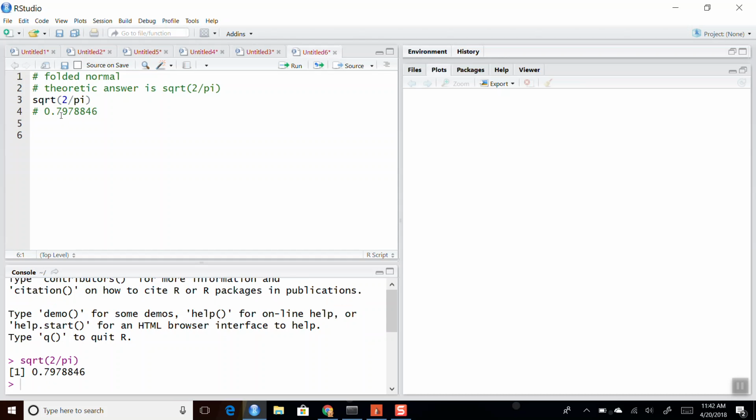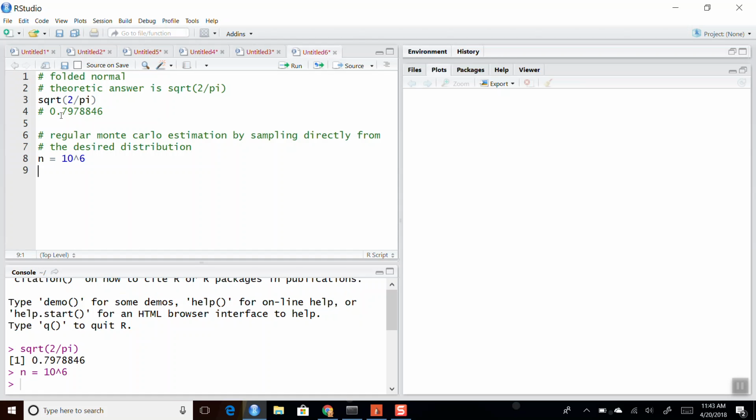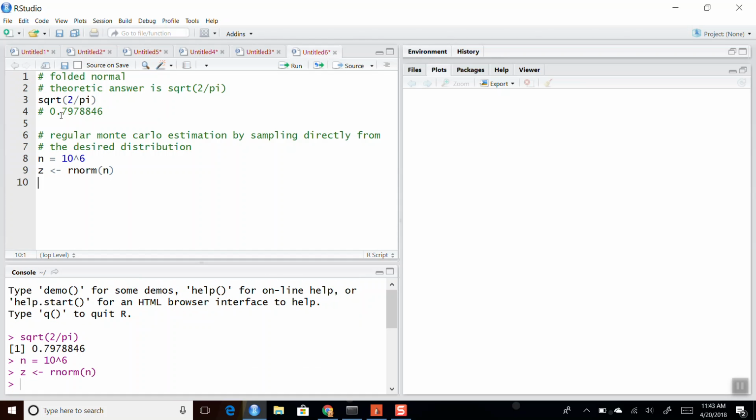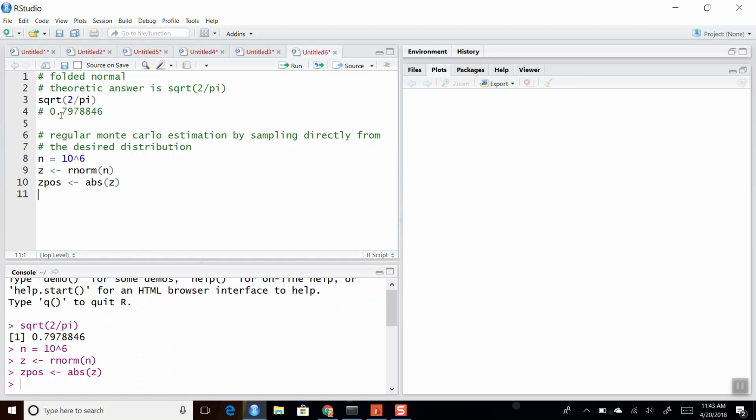Here we can do a regular Monte Carlo estimation by sampling directly from the desired distribution. So how would I do this? We'll do n is 1,000,000, and z is rnorm(n), and then I'll call this z positive, the absolute values of z, and then we'll just take the mean of z positive.